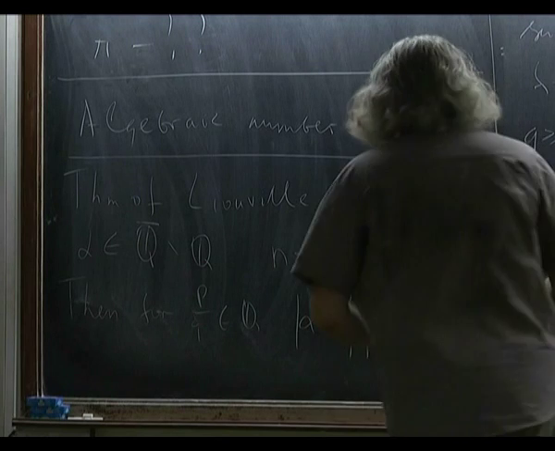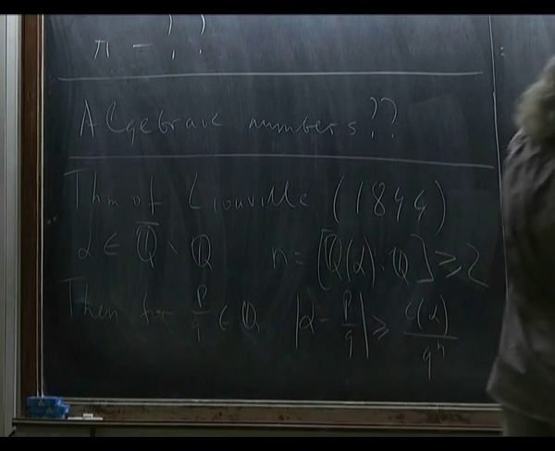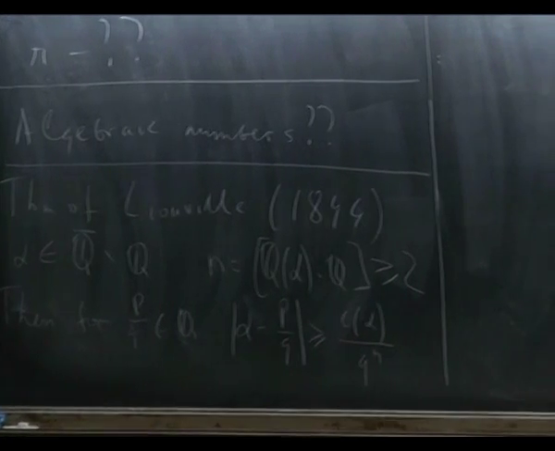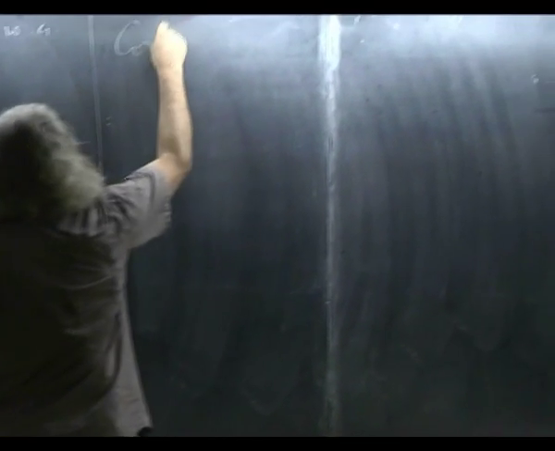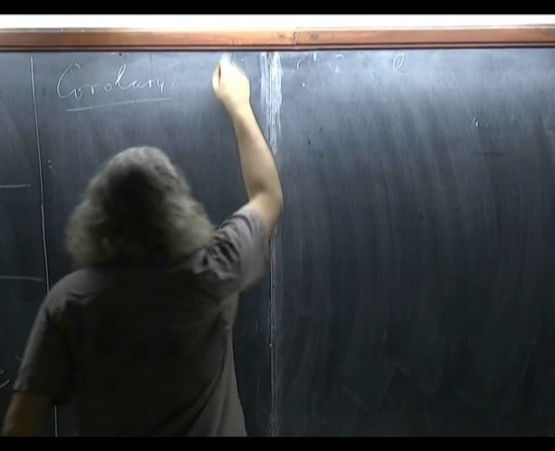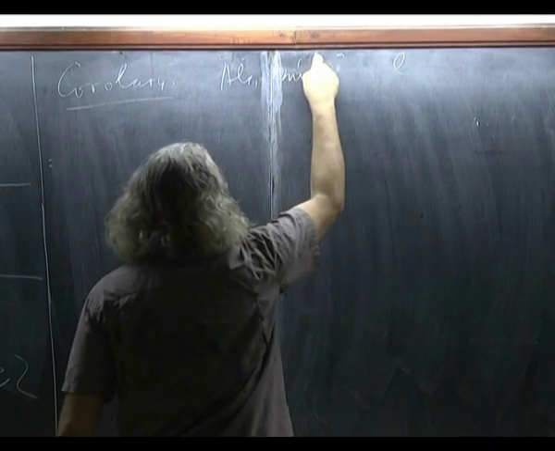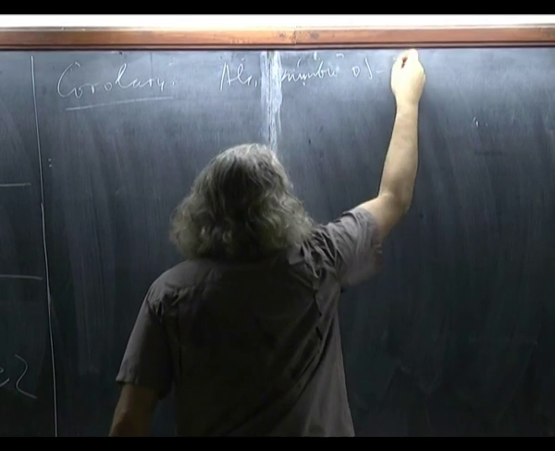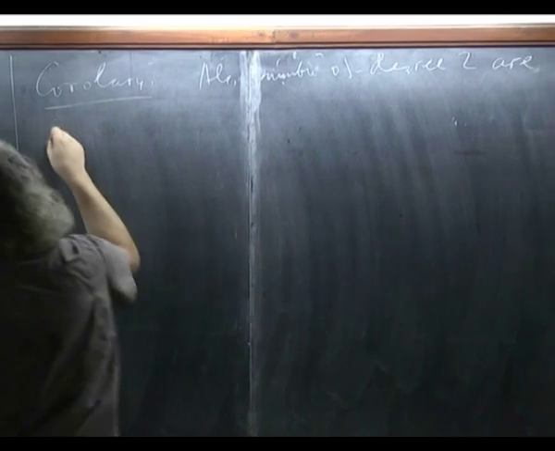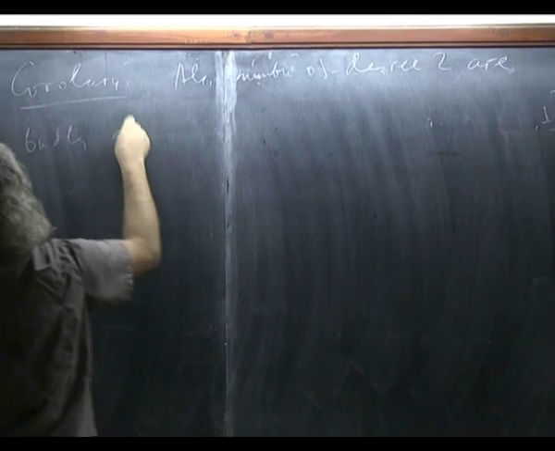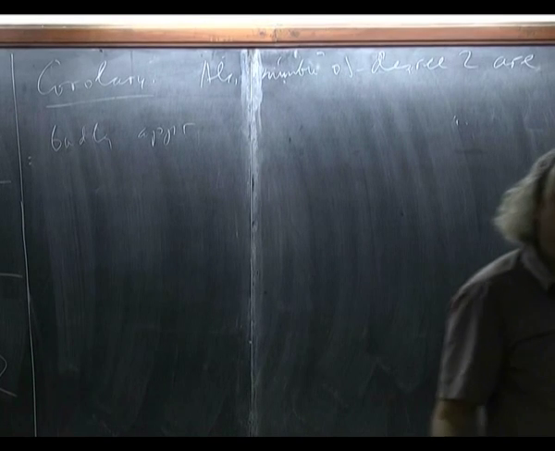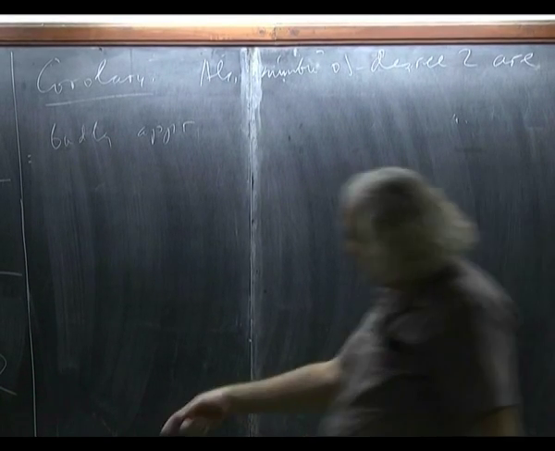And in particular, if n is equal to 2, we obtain exactly what? Corollary. Algebraic numbers of degree 2 are badly approximable, are not well approximable. But even a stronger statement we cannot put.